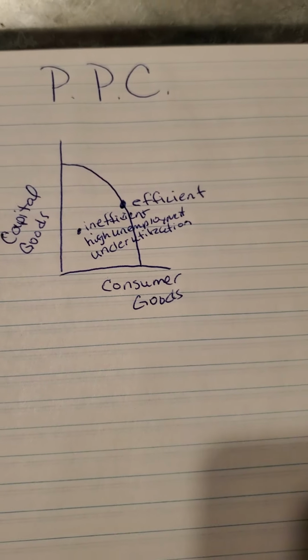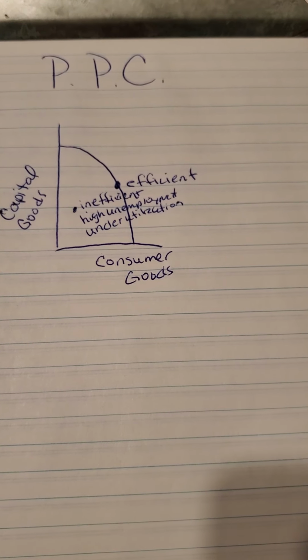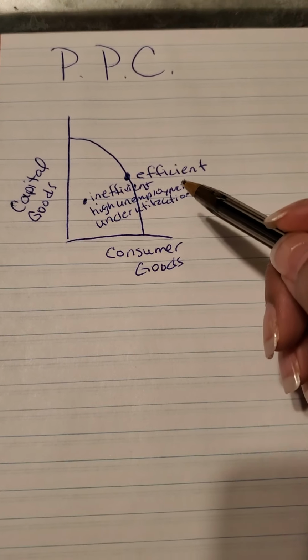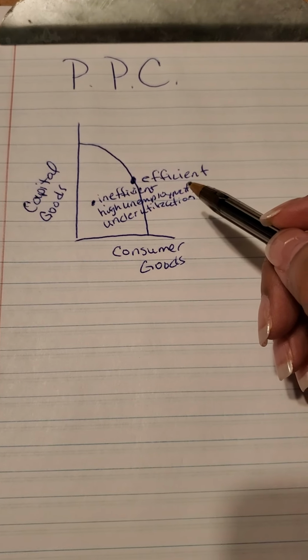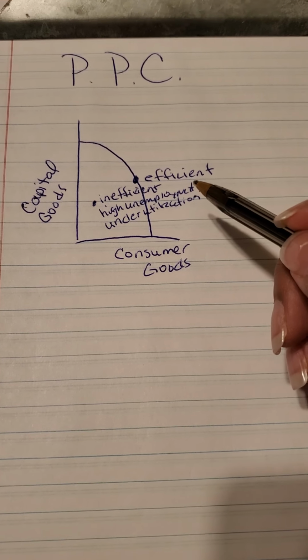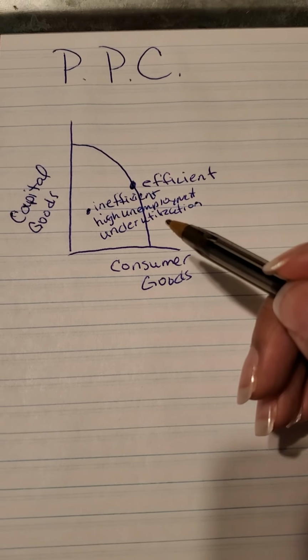Sorry, I can't spell and talk at the same time. Inefficient and underutilization mean the same thing. It's just depending on the book that you are using or who's writing the question, but it means the same thing.